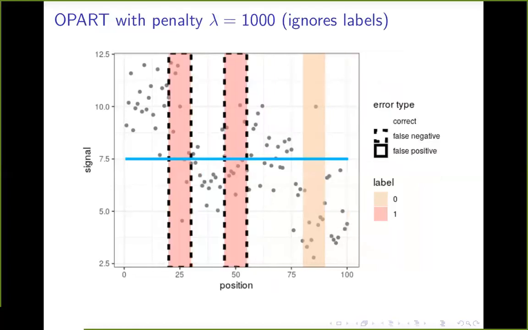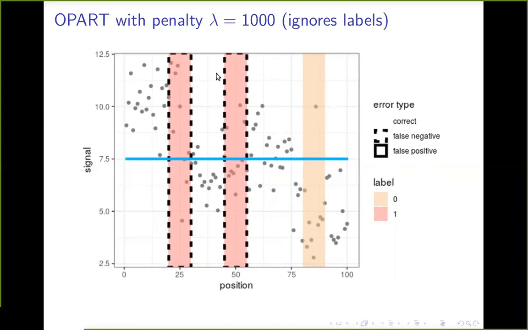Going on, here I'm going to show you a bunch of models with a different number of changes. This is the optimal partitioning algorithm, which has a penalty parameter that controls the number of change points which are detected. Here the penalty is lambda equals 1,000.